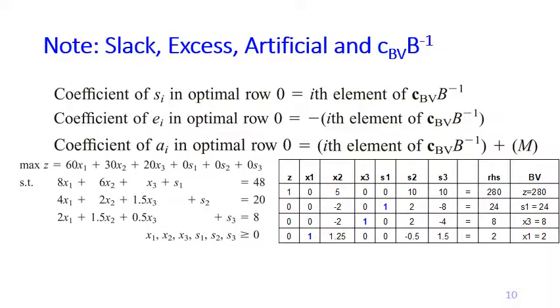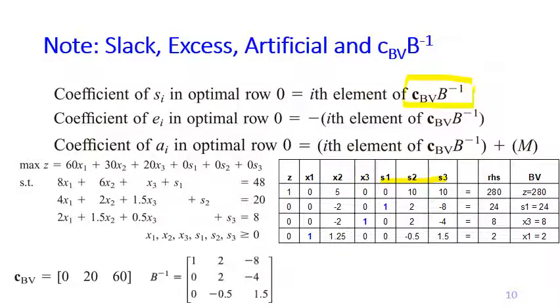In our Dakota problem, because we only have slack variables S1, S2, S3, the coefficients of S1, S2, S3 in the optimal row 0 may be obtained from CBV B inverse. That is our CBV, this is our B inverse, and when we calculate CBV B inverse, we can see that the first one is 0, the second one is 10, the third one is 10.